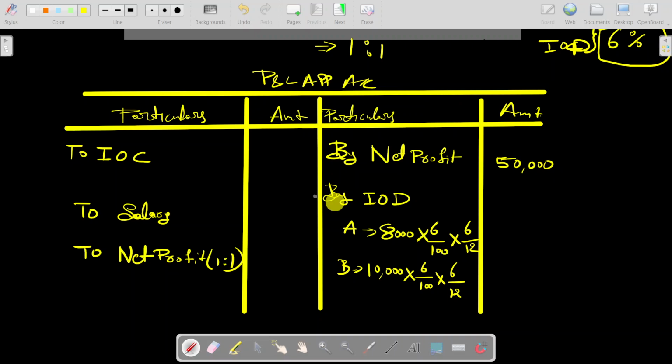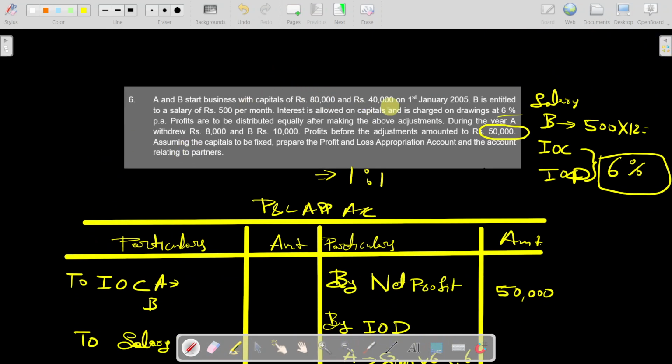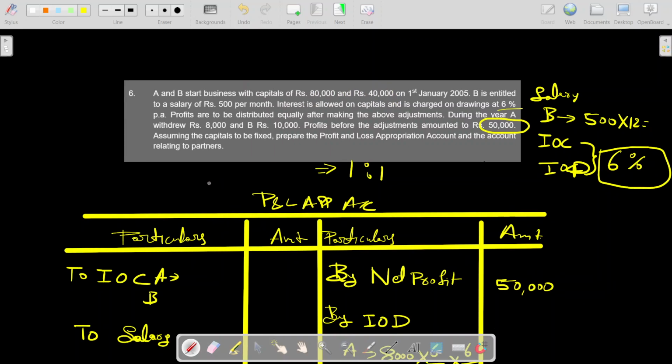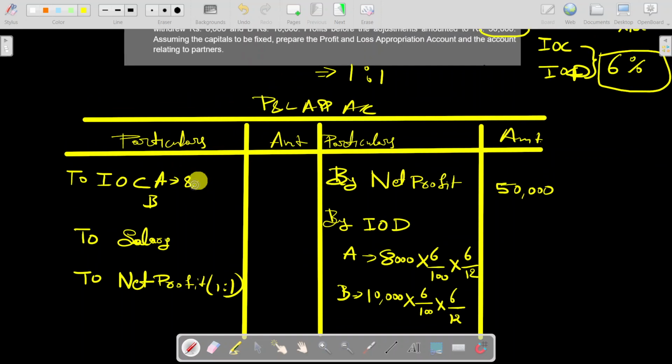And interest on capital, how much interest on capital are we paying? How much capital do they have? A has 80,000 and B has 40,000, and interest on capital is 6 by 100, right?